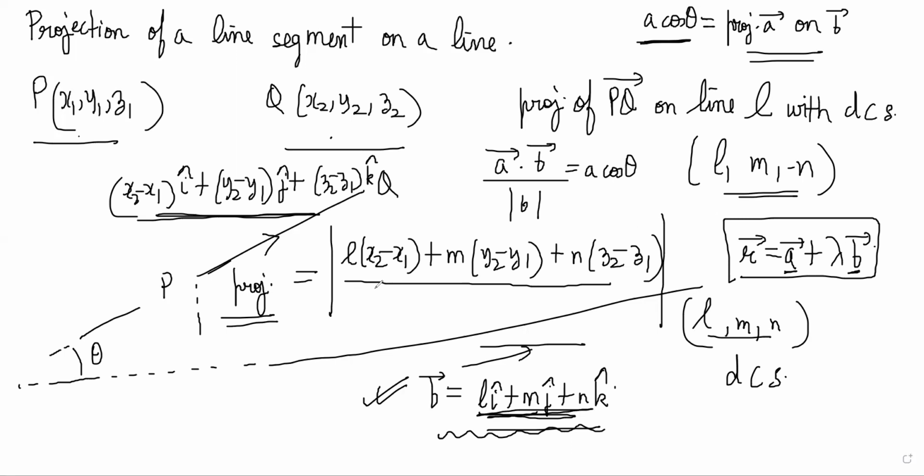Right? Yes, sir. Now suppose we have a question like: find the projection of the, okay, so same question. Points are (1, 2, 3) and (-1, 4, 2). These are the 2 points.